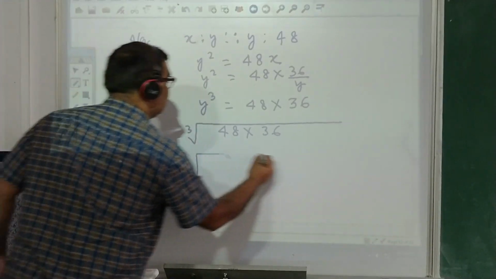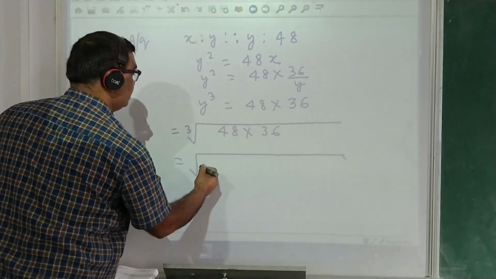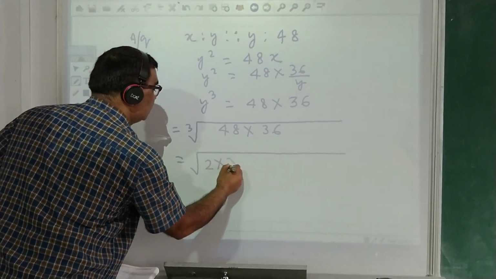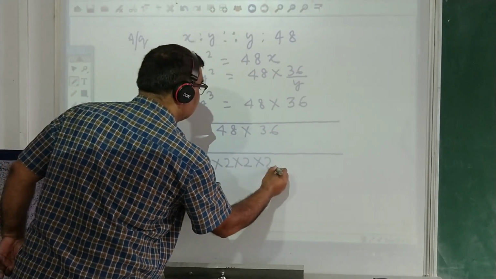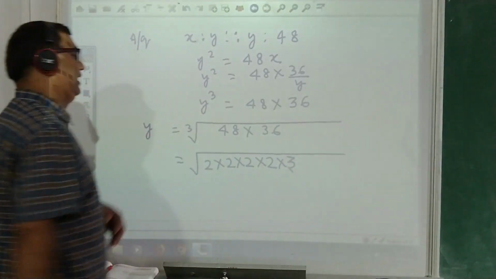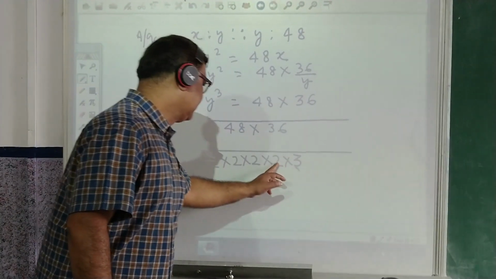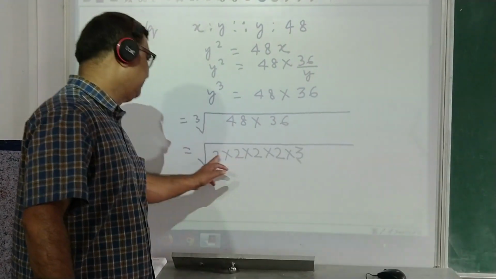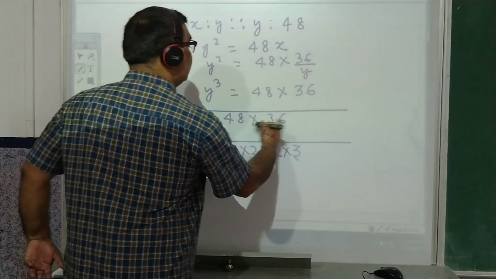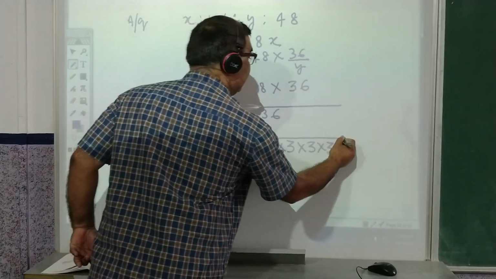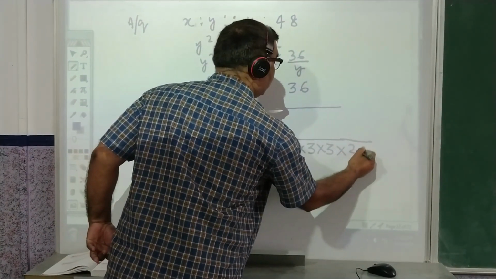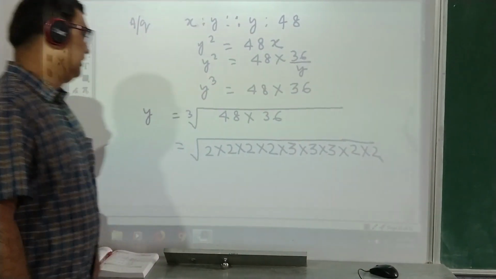Now factorize it. My dear, factorize 48: 2 to the 4, 3. Now 36: 3 into 3, 9 into 2, 18 into 2.